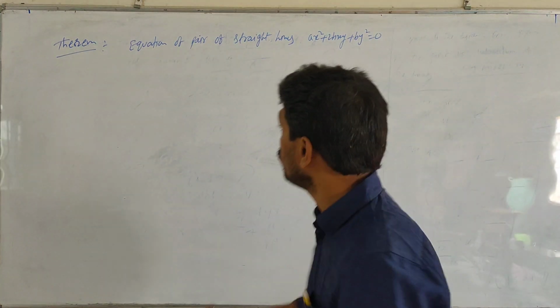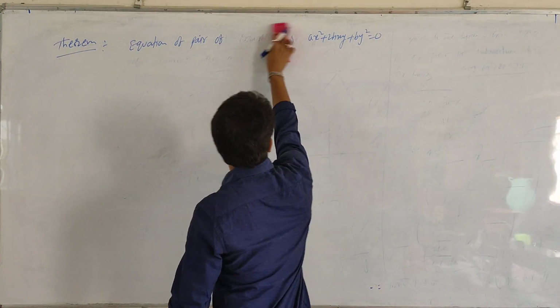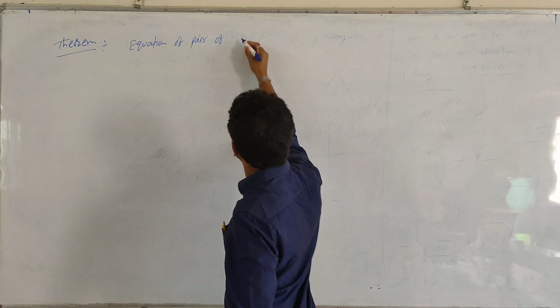So you rewrite the theorem. Equation of pair of angular bisectors.